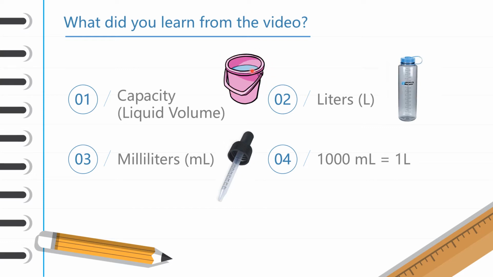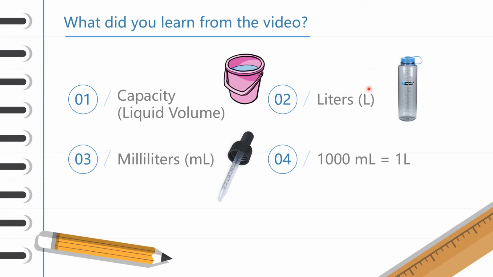Now quickly tell me about the two units of liquid volume. Excellent, liters and milliliters. Now what is the smaller one between liters and milliliters? Excellent, milliliters. So milliliter is the smaller unit. This dropper, the picture of the dropper, can hold about 1 milliliter. Now this is the liter.